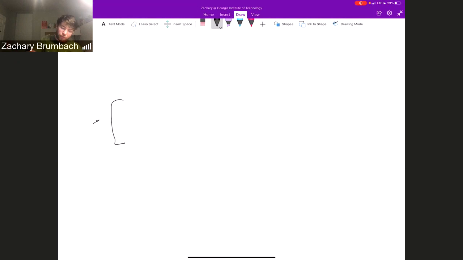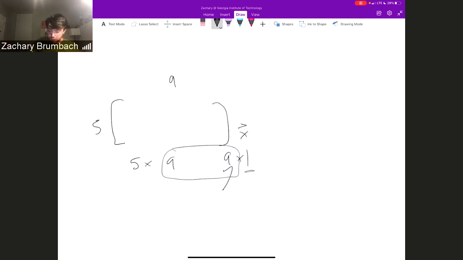It means we have a 5 by 9 matrix, because this is our x vector, and our x has to be a column, so it's 9 by 1, the same number as the columns. So right here we have 9 different variables in play.